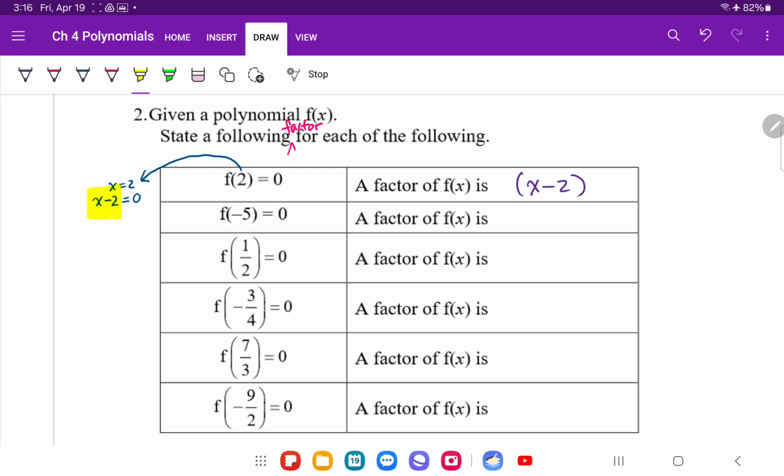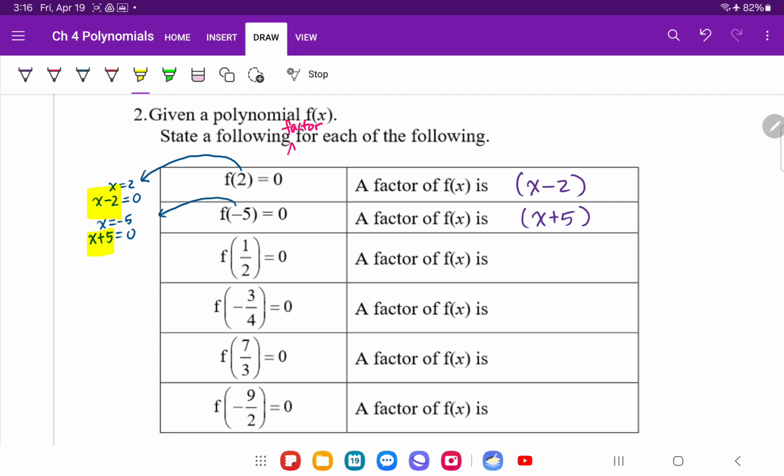Now, by the same logic, the next factor for the line number 2 will be x plus 5. Now, why is it x plus 5? It's because if we were to take the -5 and write x equal -5, rearranging this gives us x plus 5 equal to 0. Then we take the x plus 5.